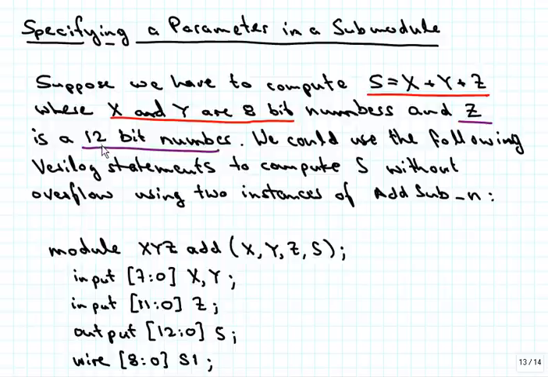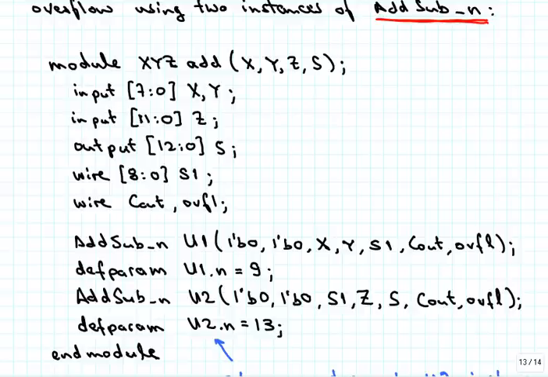So here's how we could write that by using instances of the add sub n module. So this is the adder subtractor for n bits with that parameter n equal to 32 in those modules that we have been writing so far. So we would start out with the module keyword, then give that whole thing a name. I called it here x, y, z add. And then we have our three inputs, x, y, and z, and the output s.